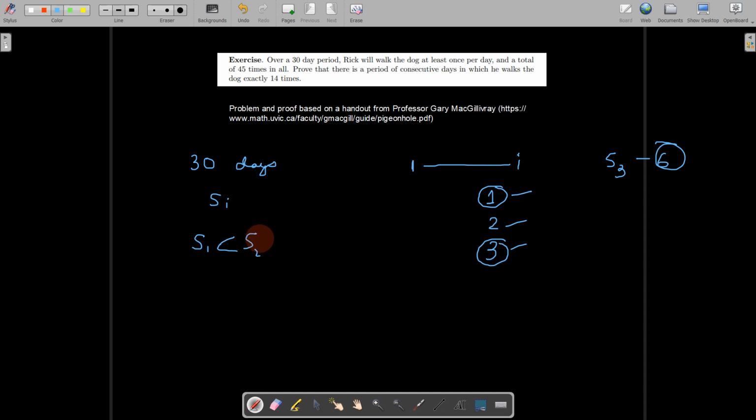By the end of day 2, starting from day 1, the sum is S2, which is less than S3, and so on until how many days? 30. So we will have up to S30. Okay, I am erasing this part over here.